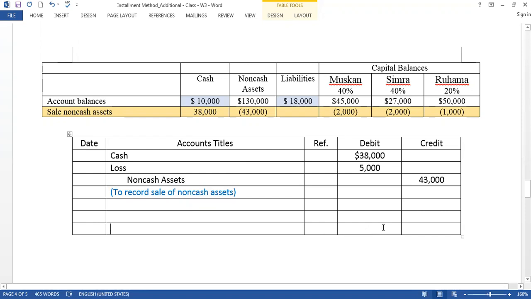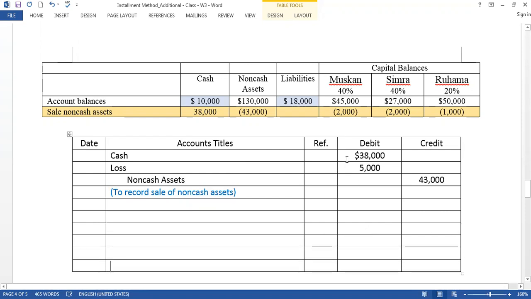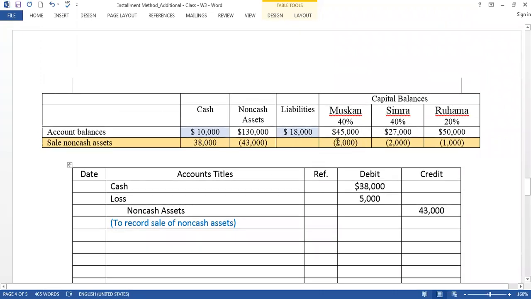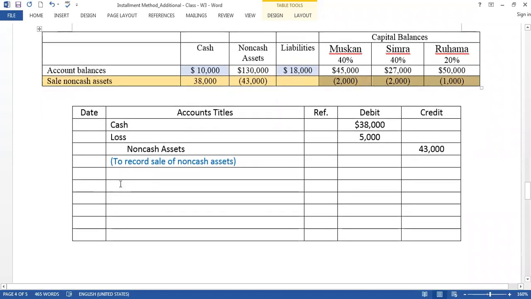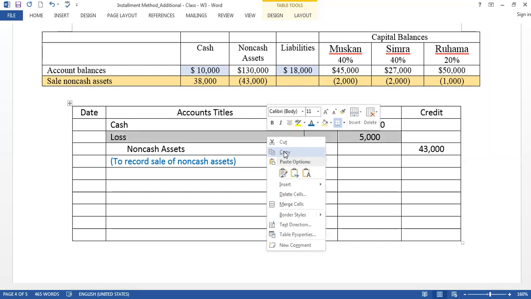So this is the narration. Now after this sale of non-cash assets, we have a loss. We are going to allocate this loss to the partners' capital. So now, look, loss is debit. Now we are going to record the loss.